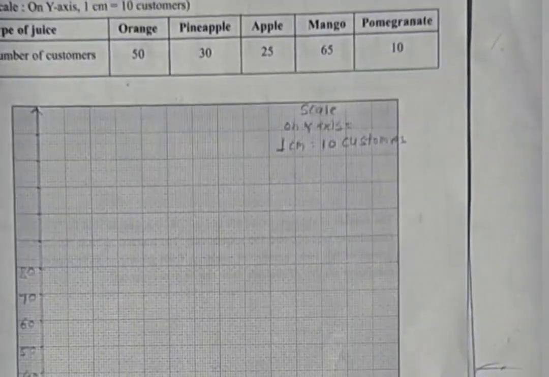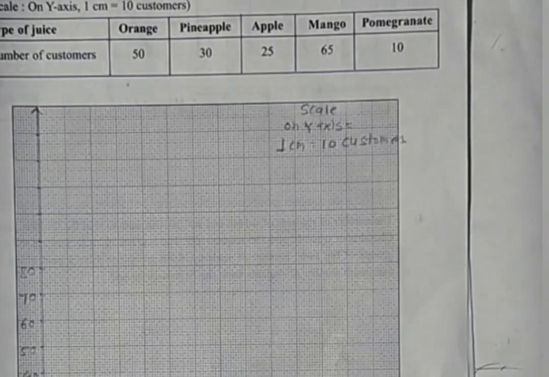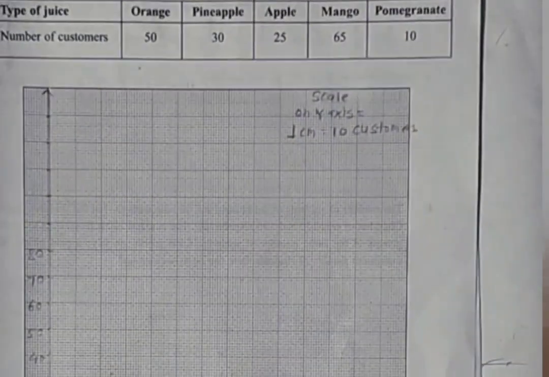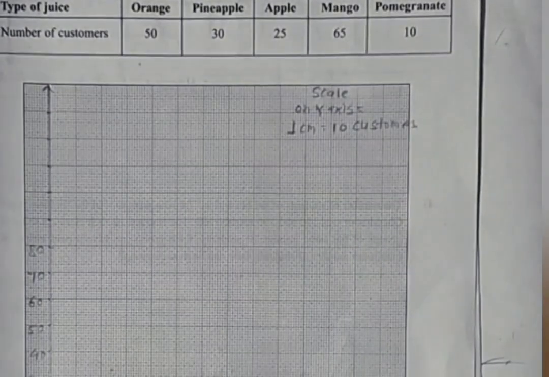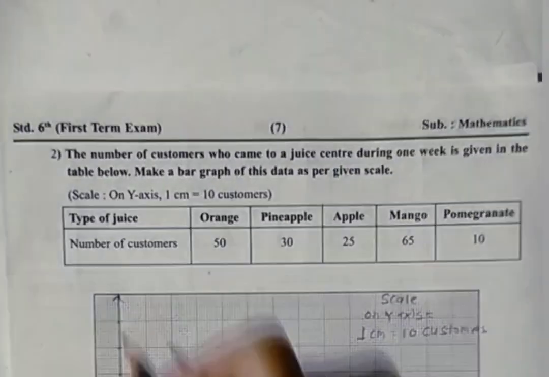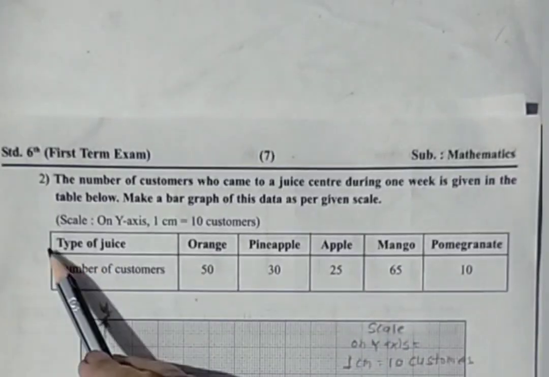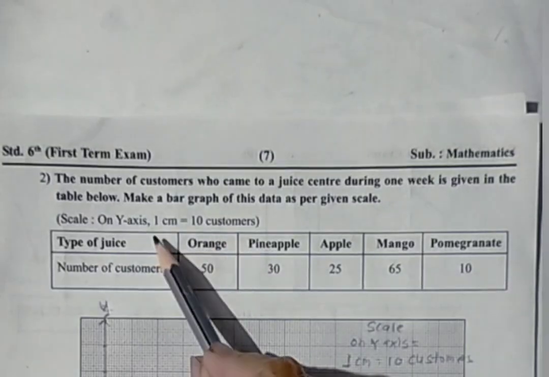Here we plot the graph. Horizontal axis is the x-axis and vertical axis is the y-axis. Scale on y-axis: 1 centimeter is equal to 10 customers.